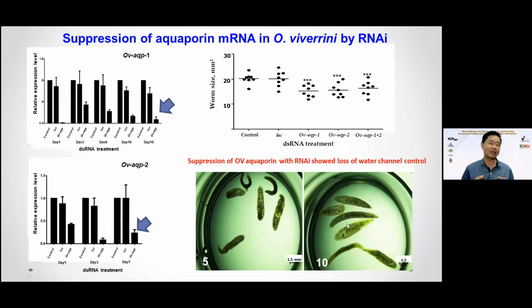So we hypothesized that if we block aquaporin, which controls water into the worm, the worm will not swell, and the result showed up as we expected. The worms knocked out with aquaporin double-strand RNA do not swell compared to the control. So this is an easy, cheap experiment that proves aquaporin is a water channel after we knock it down with double-strand RNA.